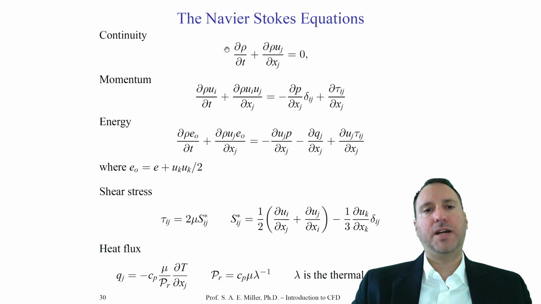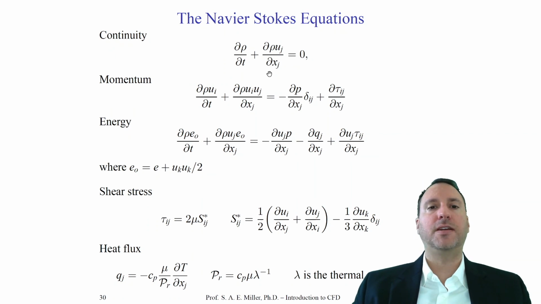In the continuity equation, this might be partial rho partial t, where rho is the density of the fluid and u is the velocity of the fluid. Look at the second term here. This means how does rho times u change in space with partial derivatives? That might be expanded using index notation: partial rho u partial x plus partial rho v partial y plus partial rho w partial z, where u, v, and w are components of the velocity vector.